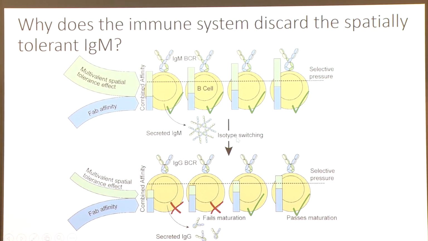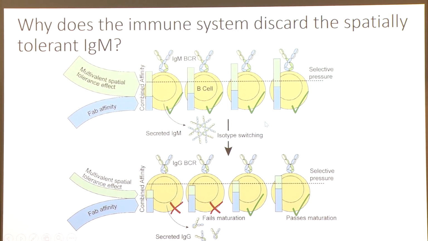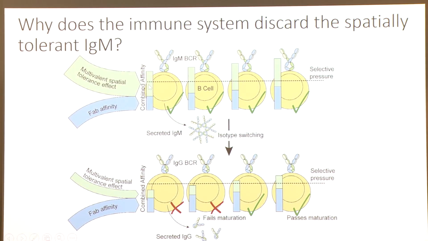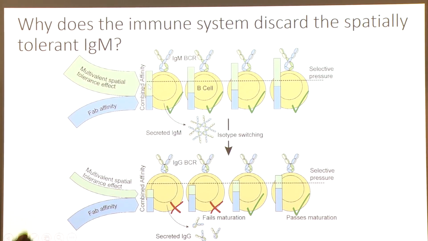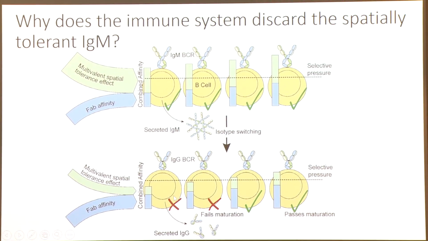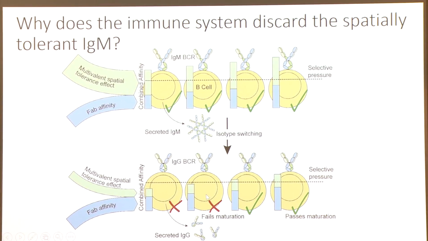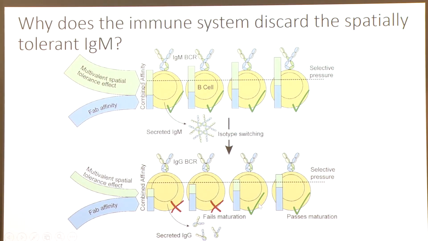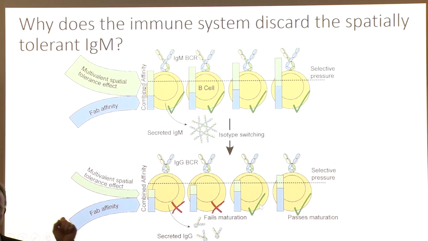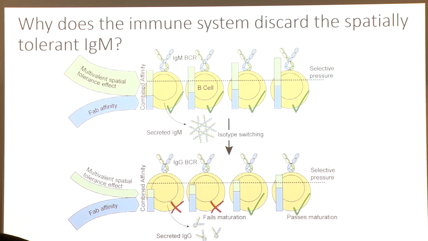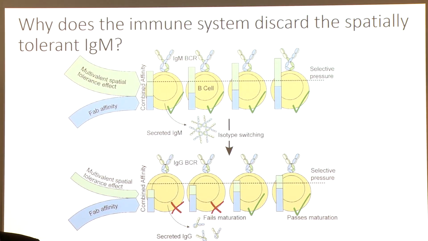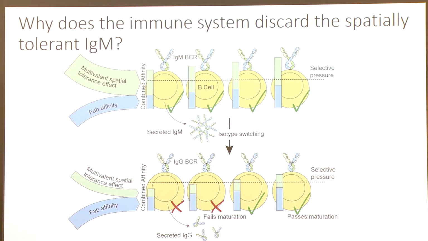But then it switches isotypes to IgGs, and then now some of these, which were relying a lot more on binding with two arms, are now actually falling below the selective pressure. And these would fail maturation, but only the ones that have actually really high affinity in individual arms would now pass the selection pressure.